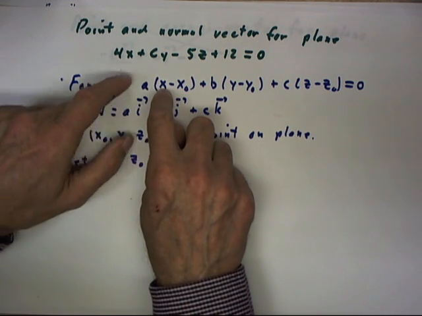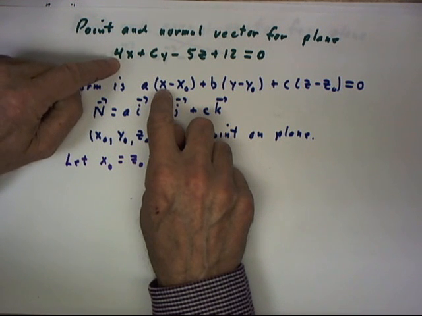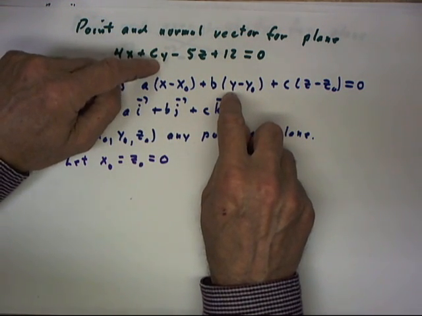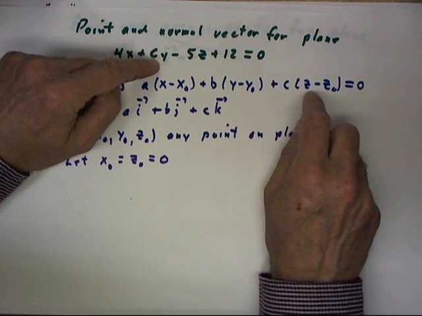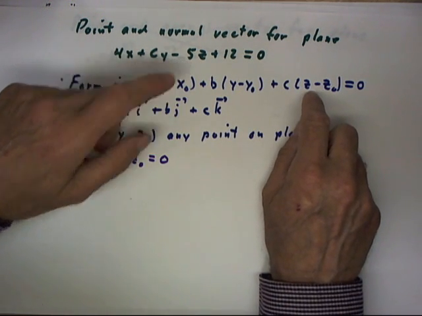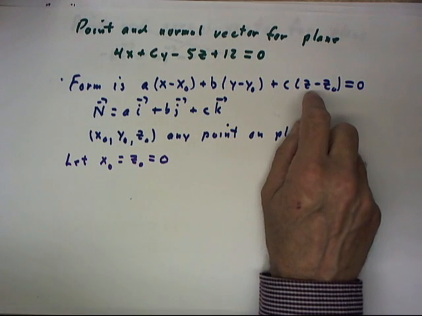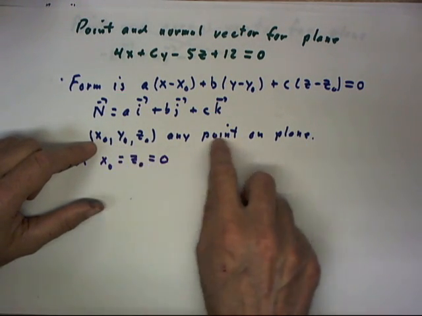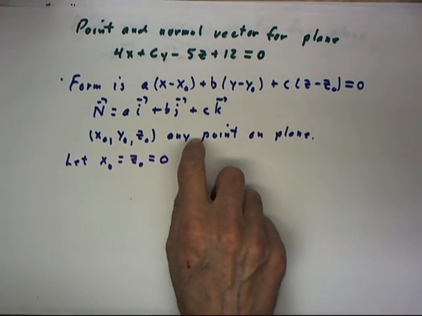So a is going to be the coefficient of x. In this case, a is going to be 4. B is the coefficient of y, making b equal to plus 6. And c is the coefficient of z, so that c equals negative 5. X naught, y naught, z naught can be any point that lies on this plane.